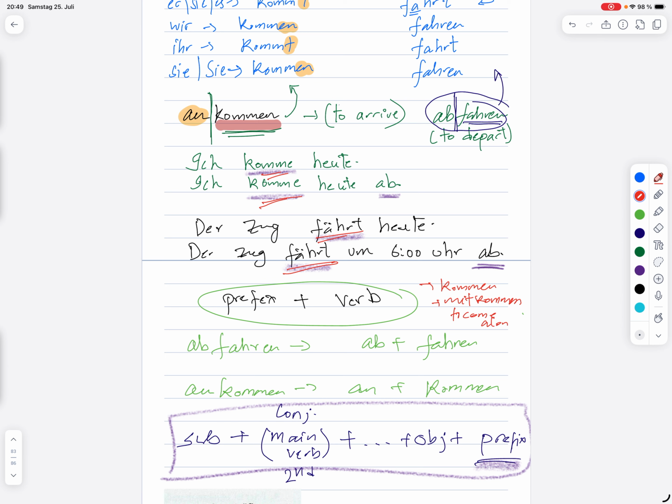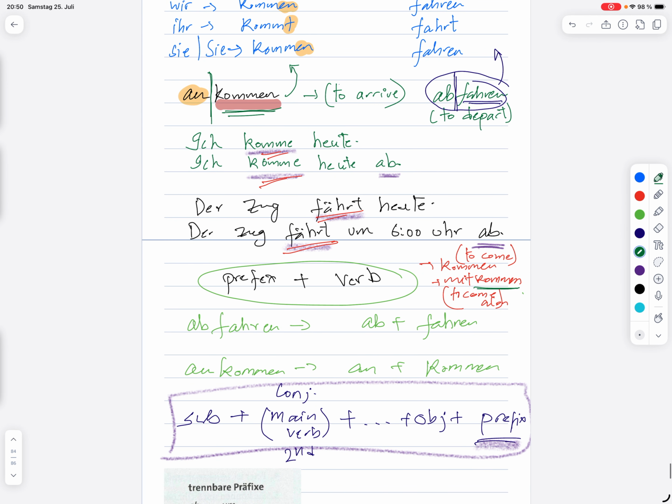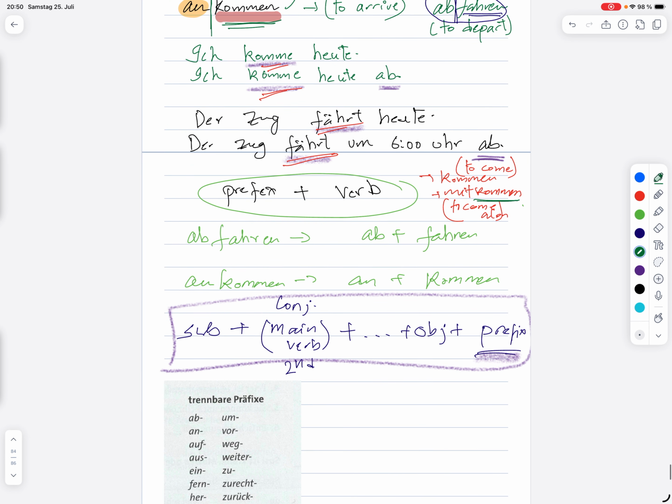So it has the same meaning derived from kommen. Kommen is to come, and mit is usually used for to add something, right? Mit something. So if you add mit to kommen, then you are coming along. But not necessarily for all the examples. The meaning goes along with the main verb in this Trennbare verb, right? So you have to keep an eye out for it.